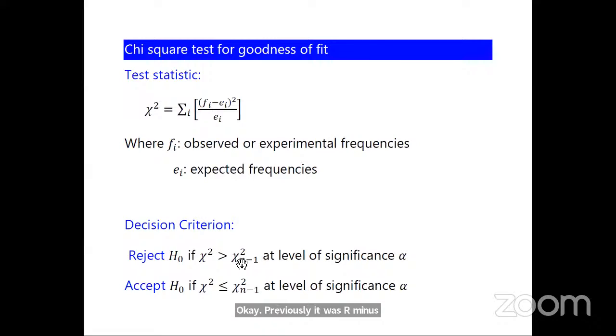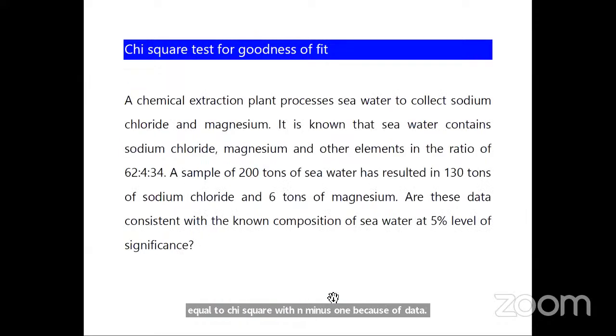Now it is the total number of observations minus 1, at level of significance alpha. And we have to accept H naught if chi-square is less than or equal to chi-square with n minus 1 degrees of freedom at level of significance alpha. All right. So the same example I have taken, and we will see whether it gets accepted or not.